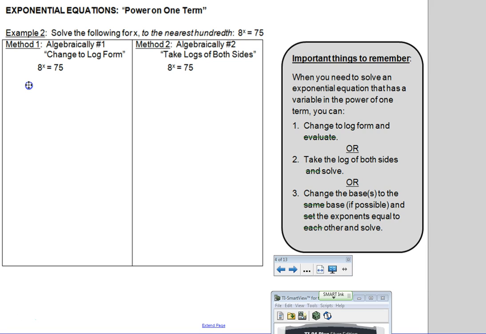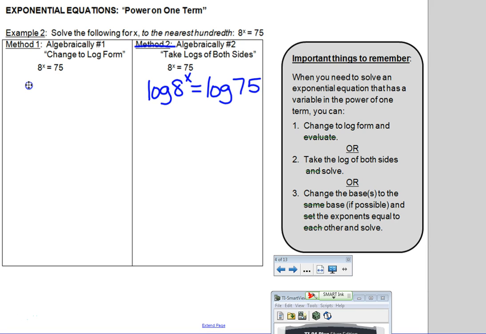So one thing we can do is we can take the log of both sides. So we're going to do method 2 first. So this is exactly what we did on the other problem. If we take the log of both sides, we can bring the power down. So I'm going to take the log of the 8 to the x side and take the log of 75.